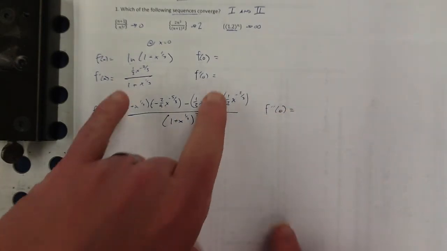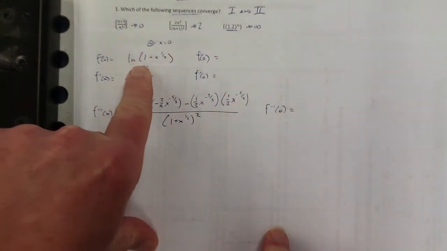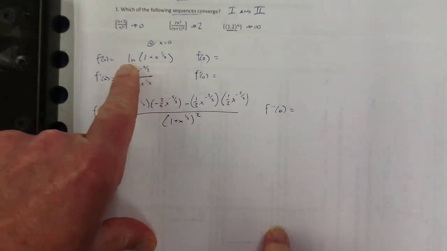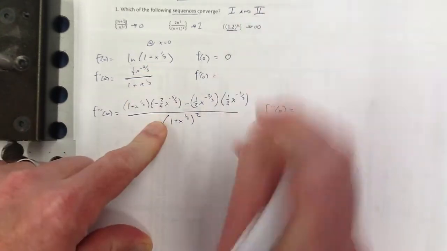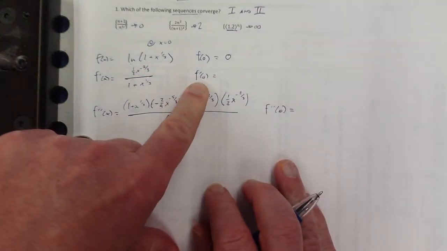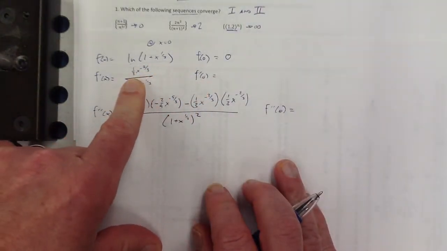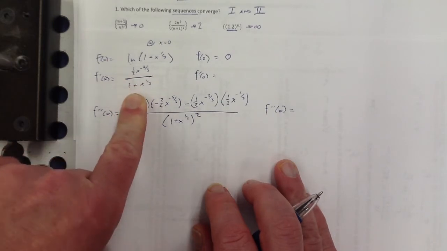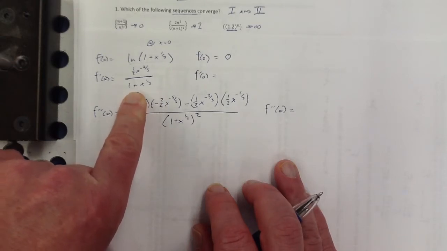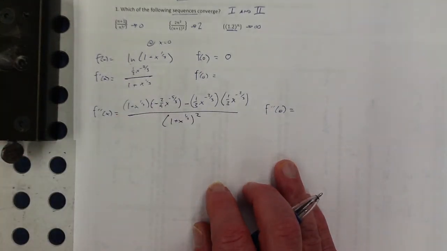So let's see. When I plug 0 into this here, I get natural log of 1, which is 0. When I plug 0 in here, I get trouble, don't I?